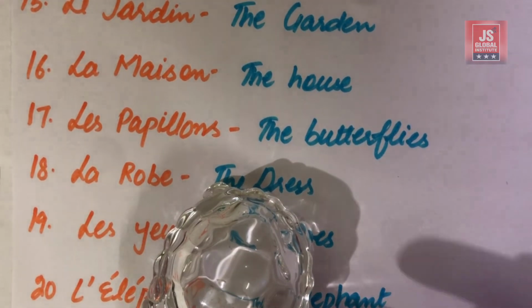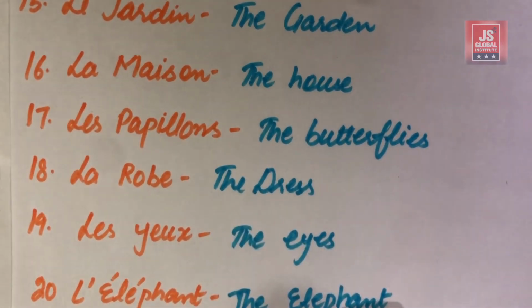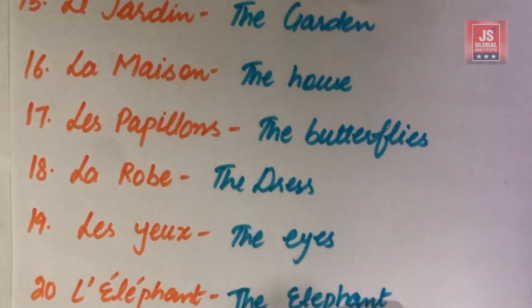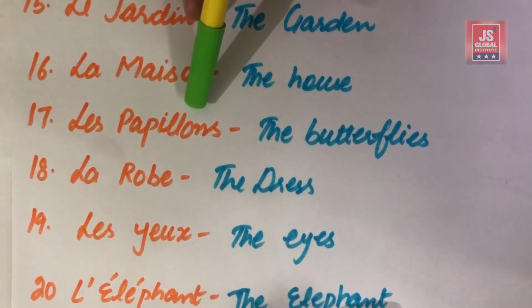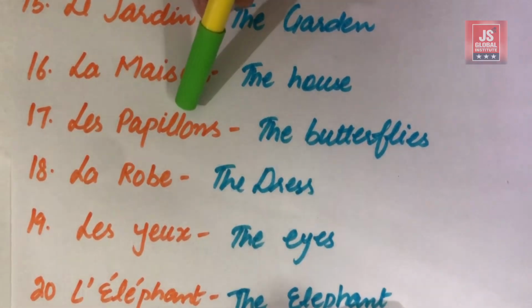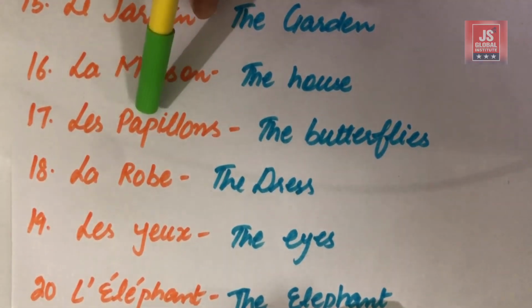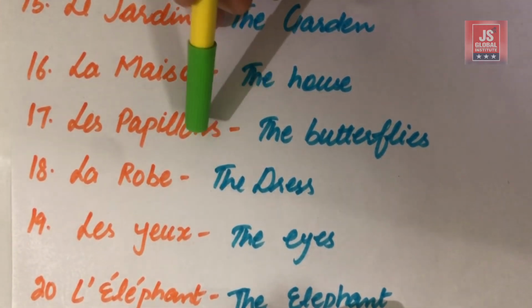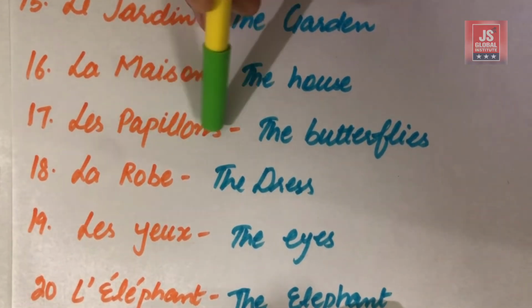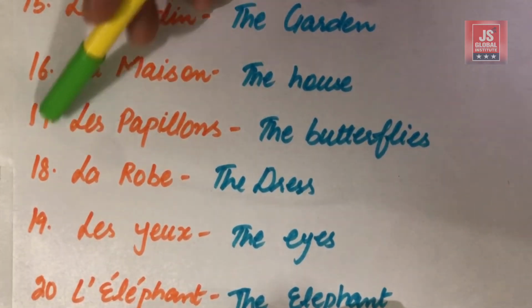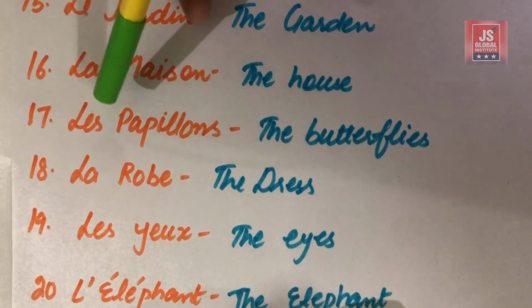Alright, next is les papillons. What is the pronunciation? This is papillon. Always this double L is not pronounced and the pronunciation is papillon. S is used here. This is something in plural, so les is used over here. And what is les papillons?